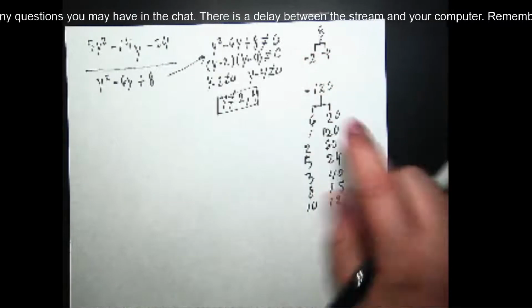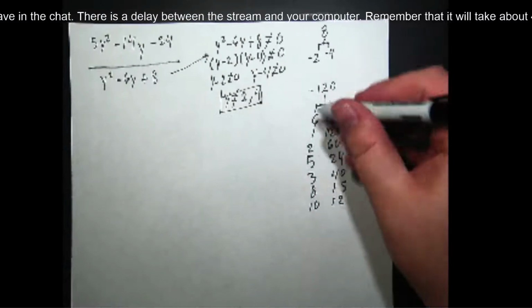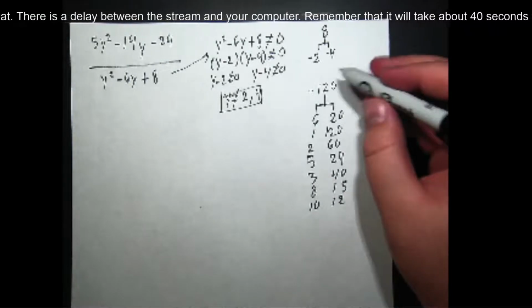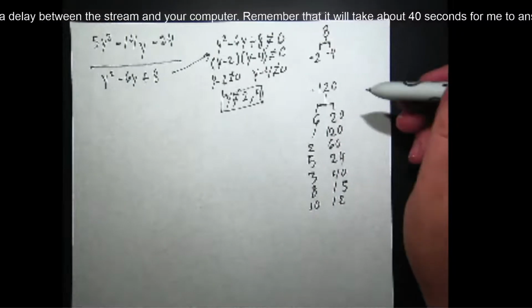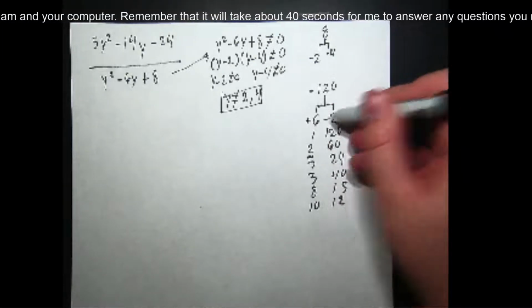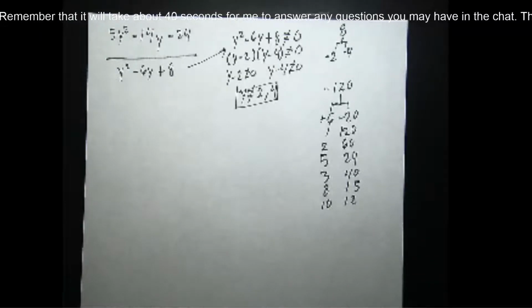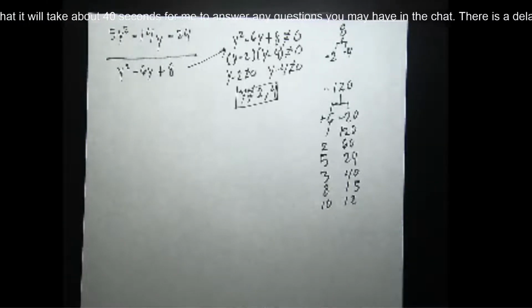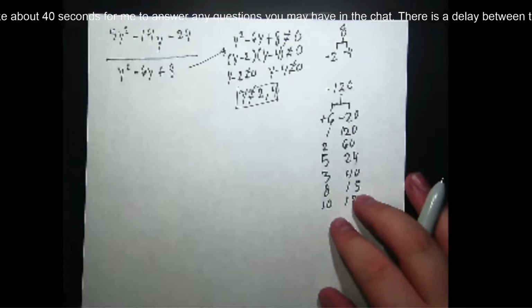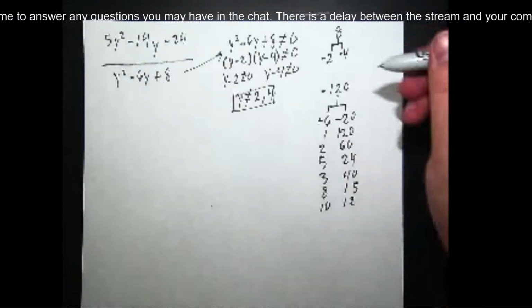So if we use 6 and 20, oh no, that'll work. Yeah, you're right. 6 and 20. So if we make this positive 6 and negative 20, that'll work. Okay. For some reason, I was thinking both of them would have to be negative. So we can go to our box method now.